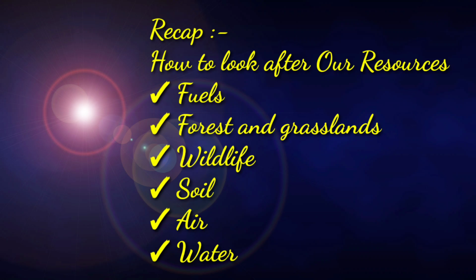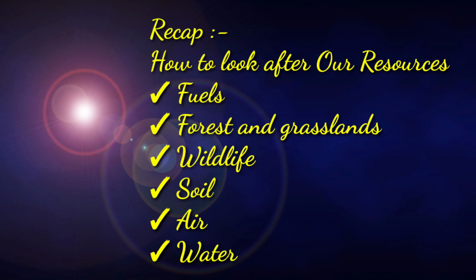Next is air. So we discussed that air is one of the resource that will not get over, but air can get polluted, and breathing polluted air can lead to many respiratory diseases, and it can also harm the plants and animals.